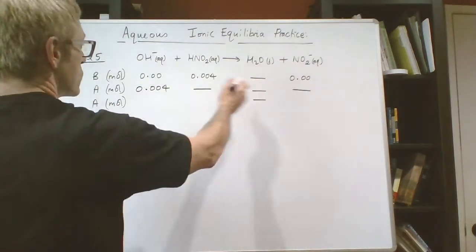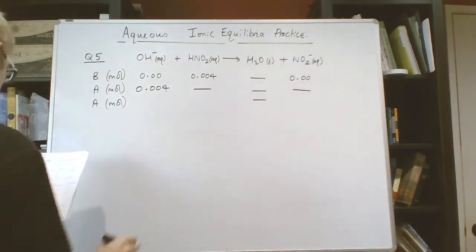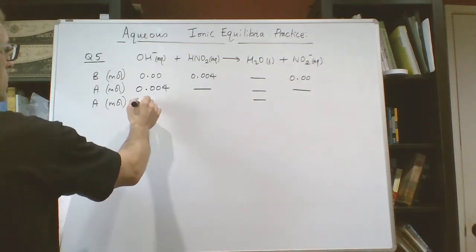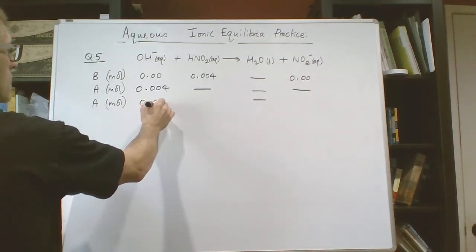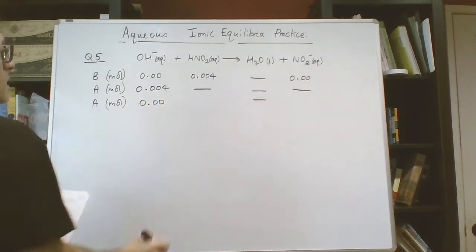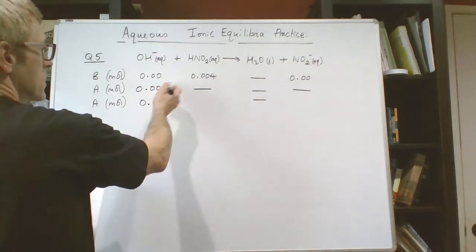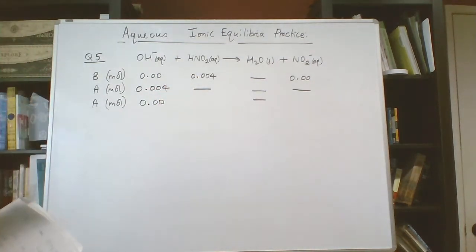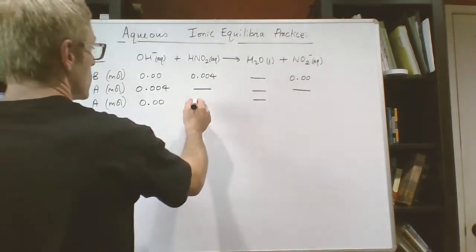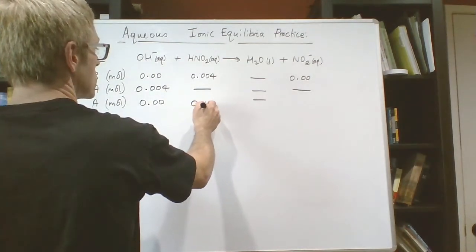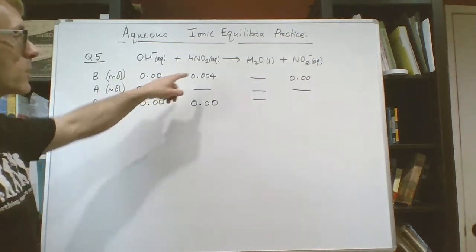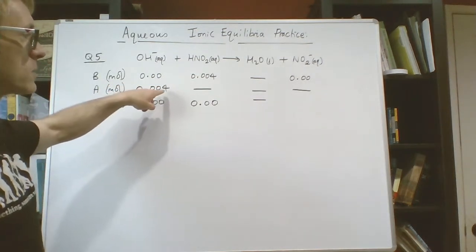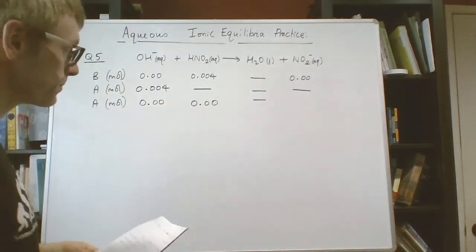It's going to shift hard right and annihilate that much of itself of the base. So it's going to disappear because it reacts in a 1-to-1 mole ratio with HNO2, which is now completely consumed. So 0.004 minus 0.004 is just going to give you 0.